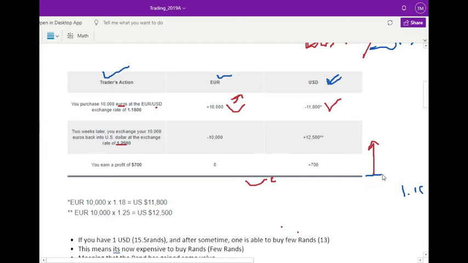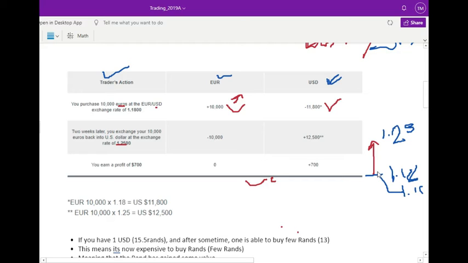You bought here at 1.18, but after two weeks it's now 1.25, right?